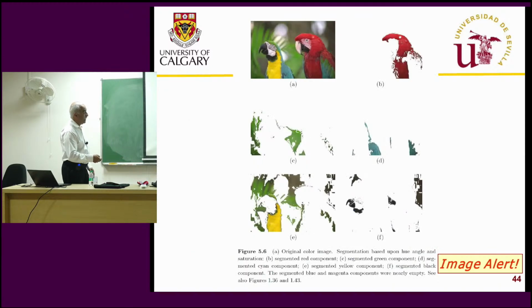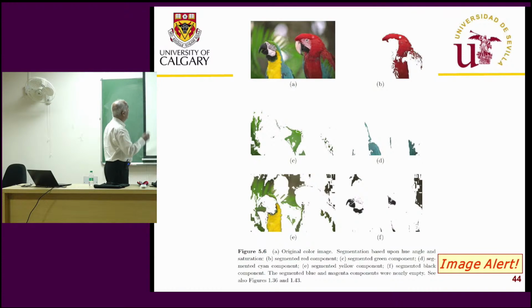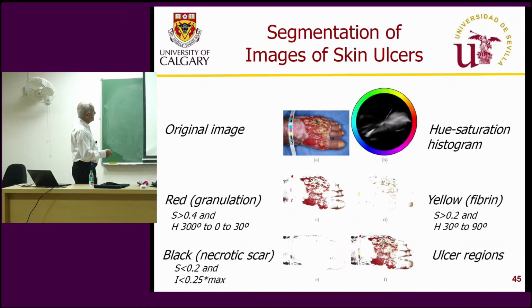So another image alert. If you don't like this image, look the other way. Oh, red there. So this is an image of a skin ulcer in collaboration with Dr. Paulo Mazzoncini in Brazil and his colleagues, a dermatologist. Diabetes causes certain problems and the veins don't work properly in the leg and blood circulation is impeded by venous deficiency.